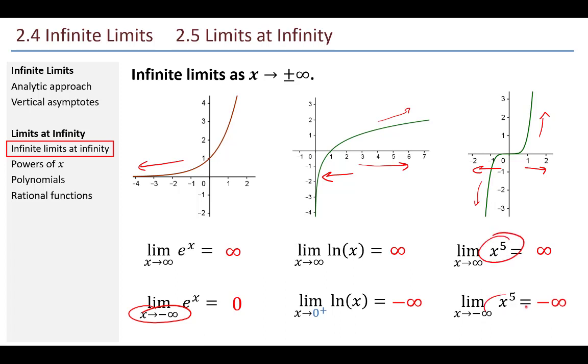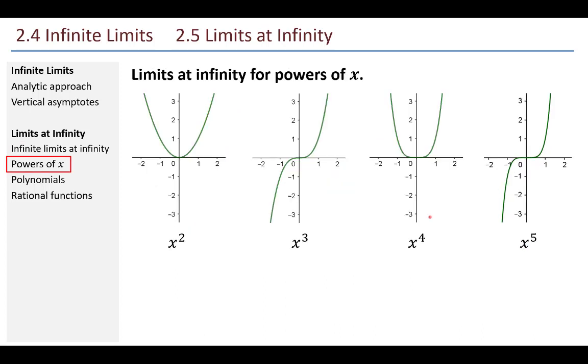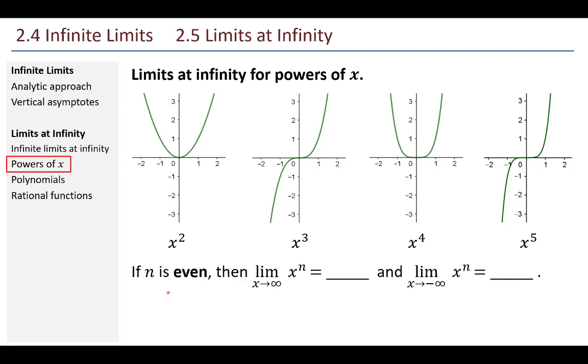In fact, this last example is worth exploring a little bit. This is a power of x. So here are several powers of x: x squared, x cubed, x to the 4th, x to the 5th. And look at the graphs. It's shaped like a U, shaped like an S, shaped like a U, shaped like an S. So in general, if n is even, that's the exponent, then as x goes to infinity, x to the n will be infinity, and as x goes to negative infinity, what'll happen?